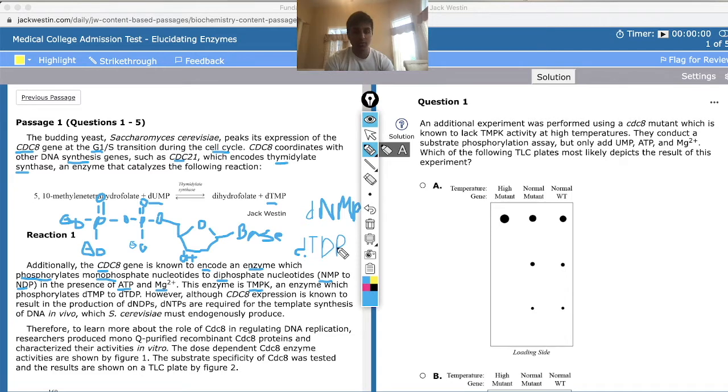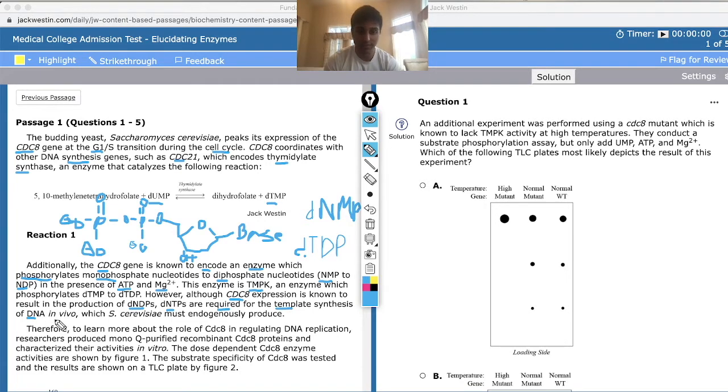And so although CDCA expression is known to result in the production of the nucleotide diphosphates, remember this is a nucleotide diphosphate, we need nucleotide triphosphates, so we would need 3 phosphate groups for DNA replication. So NTPs are required for the template synthesis of DNA in vivo.